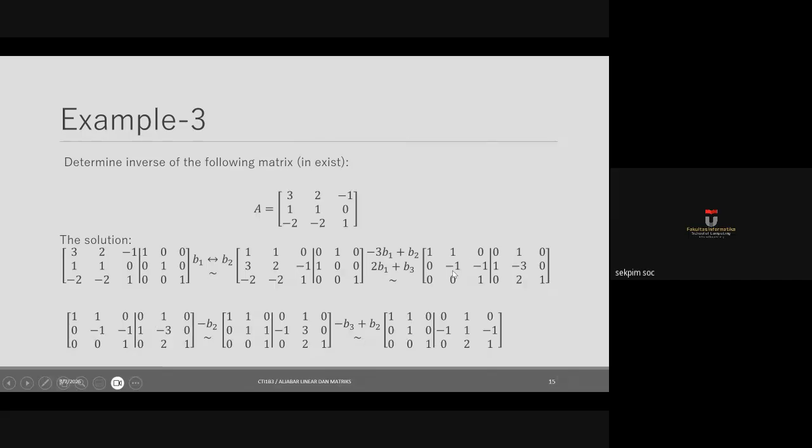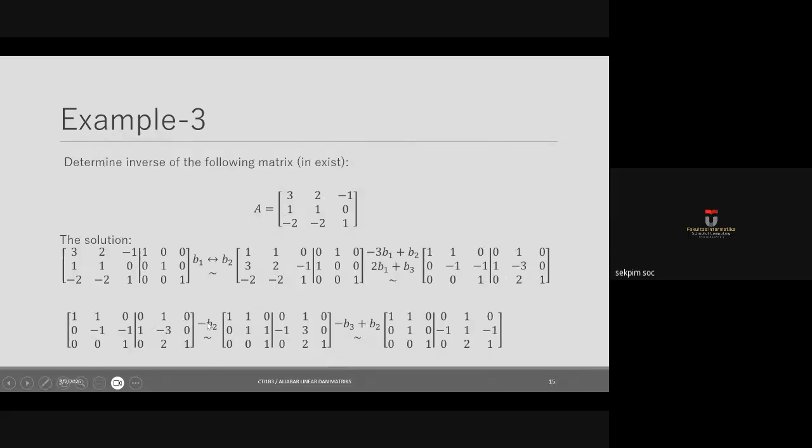The second column, so we choose, you can do the row that can be exchanged, right? So you can also multiply the second row by minus 1.